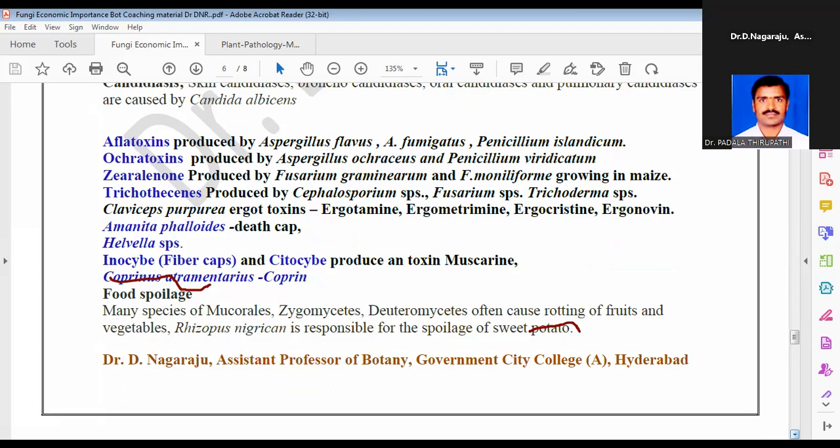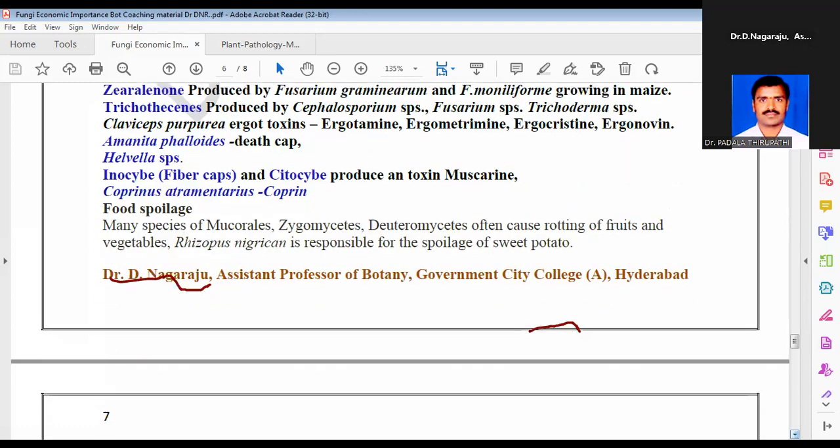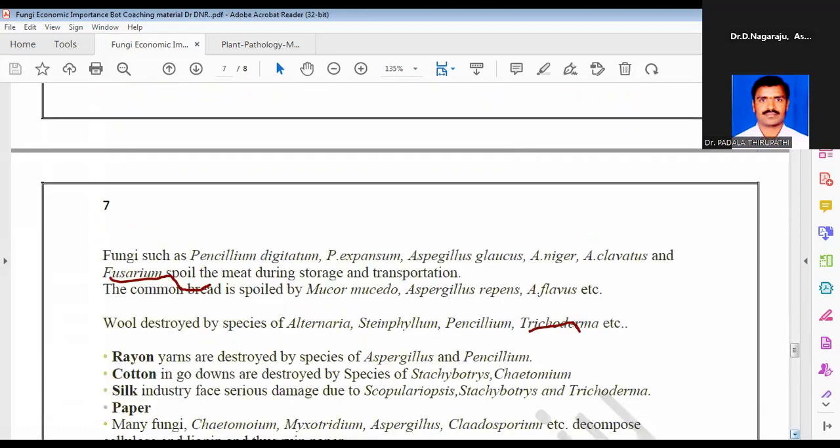These occupy their spaces. Carbohydrate-rich food material is spoiled by Zygomycetes fungi.